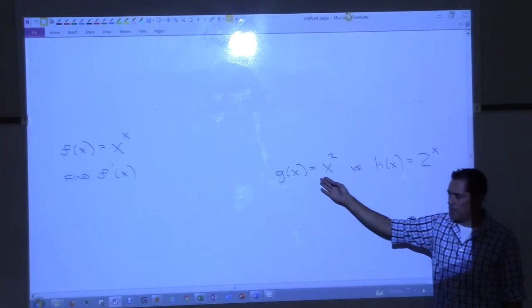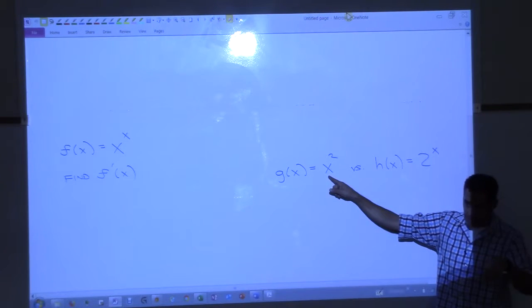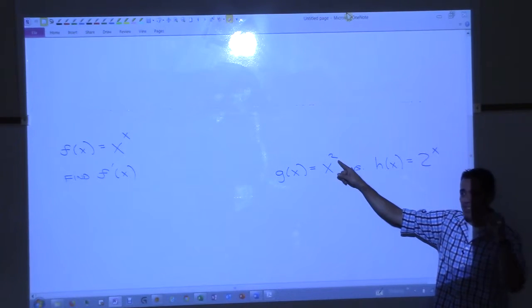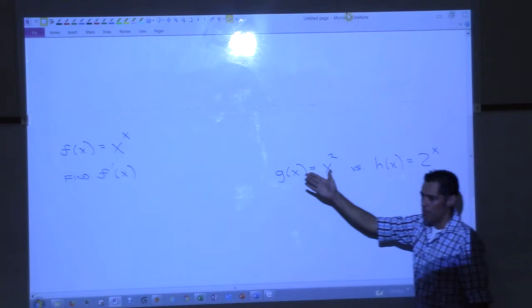There's a difference between these two. Here we use the power rule because your variable is in the base and the exponent is fixed. Here, this is exponential, so you have to use the rule for exponential because your variable is in the exponent and your base is fixed. What about this?